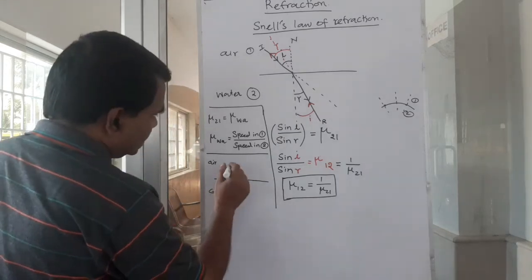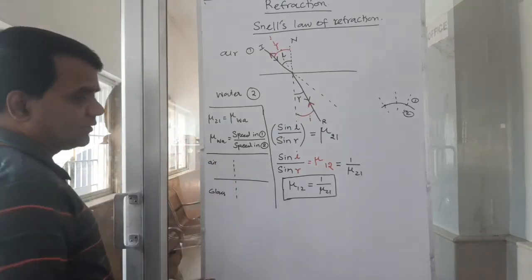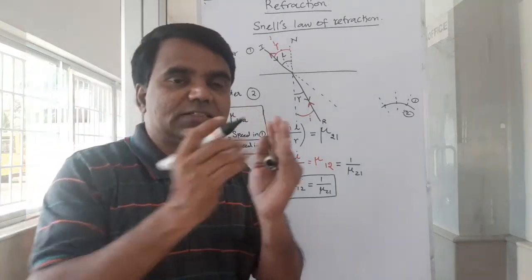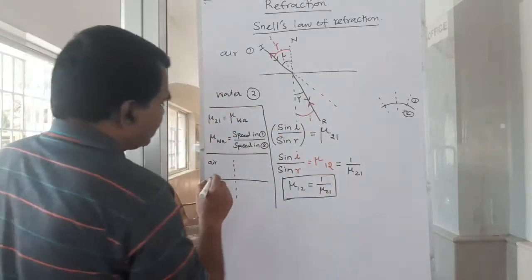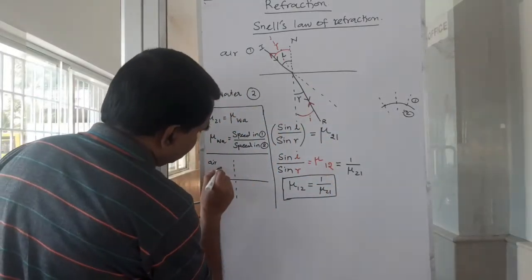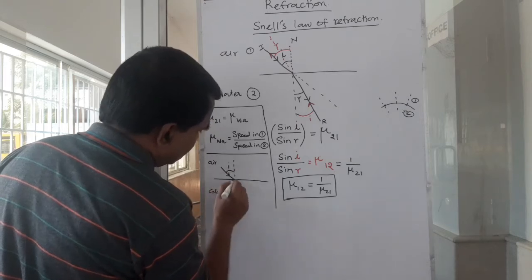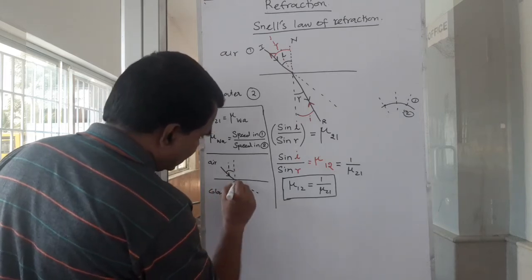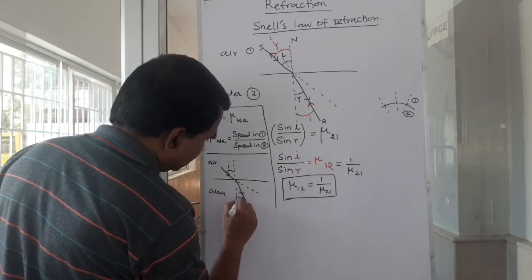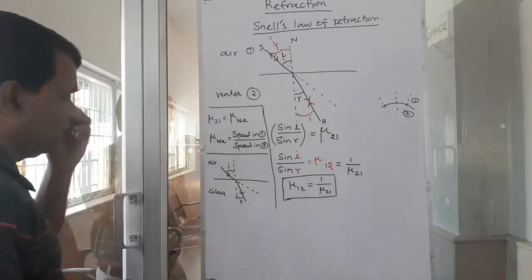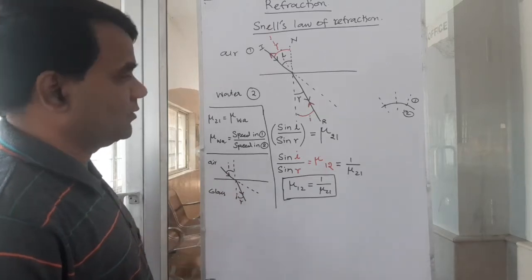Suppose light travels from air to glass. It's normal, right? Because you have a lens, the light travels from air to glass. There is an angle of incidence, and instead of going straight, it now bends towards the normal. This is the angle of refraction. So mu would be sin I by sin R.